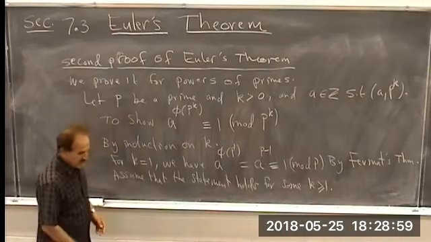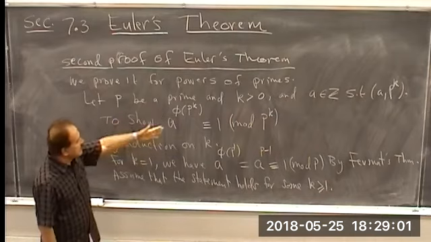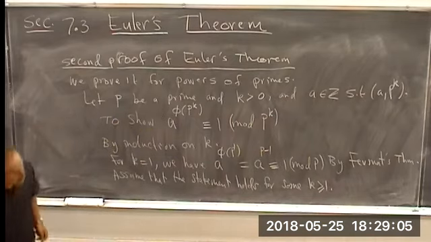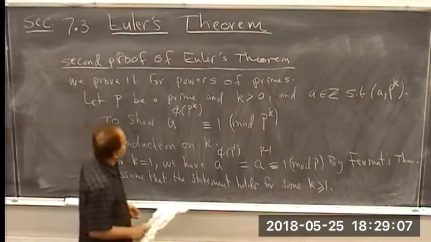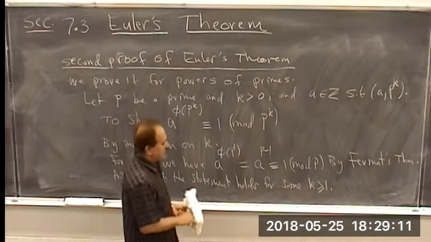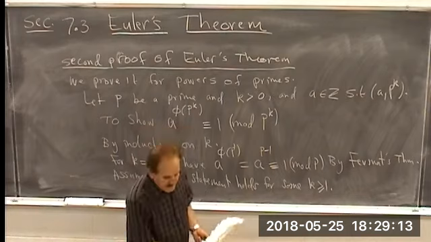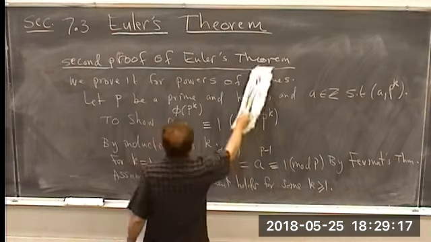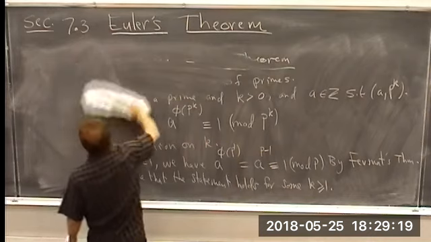I don't have to write the statement; it means this theorem is true not for all K, just some K. And then I want to consider the theorem for phi of P to the K plus 1.